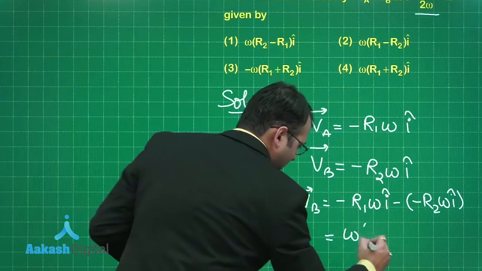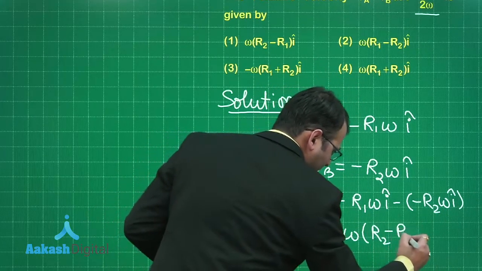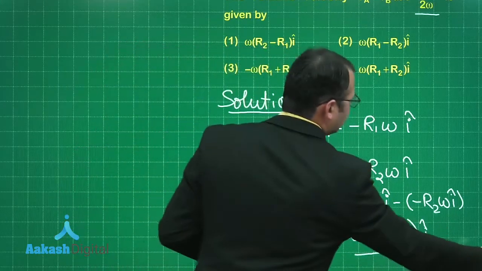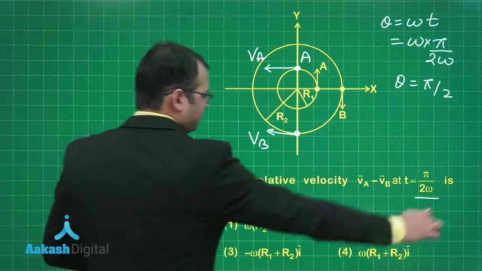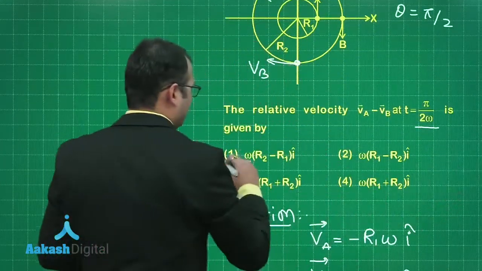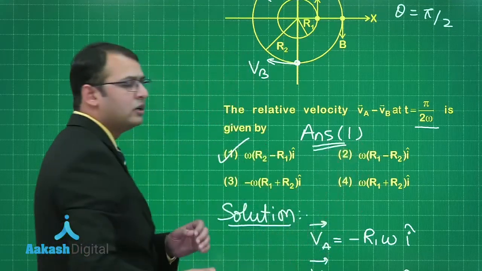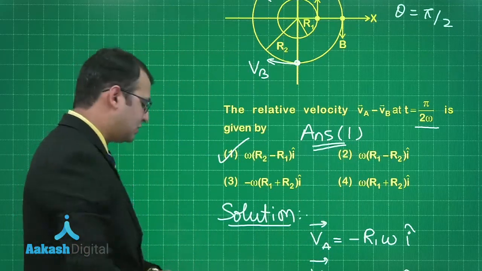Simplifying this, you will get omega times (R2 minus R1) i cap. Let's see which is the best suited option here among the given ones. You have option number 1 as the right answer, right? Let's move on to our last question of this paper.